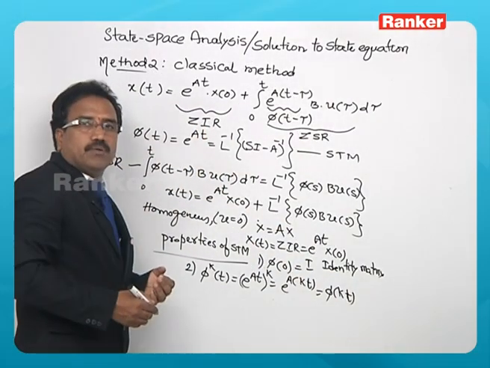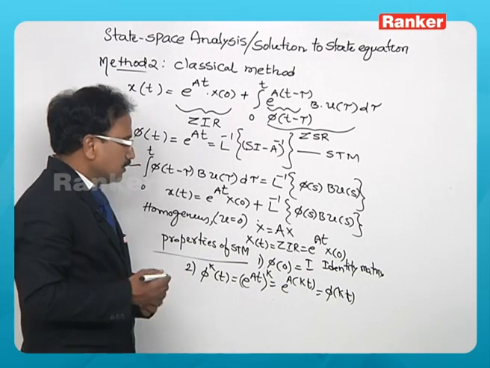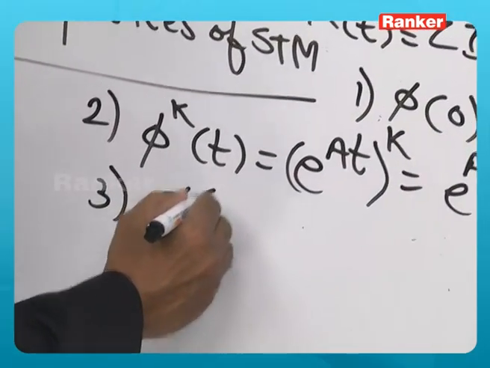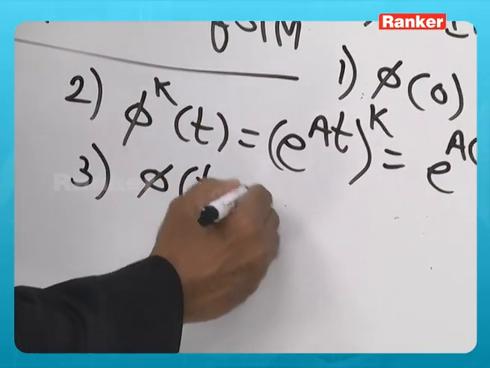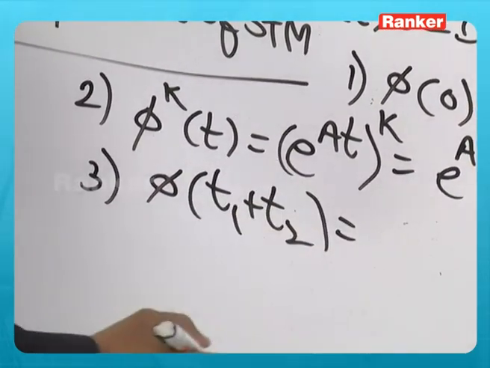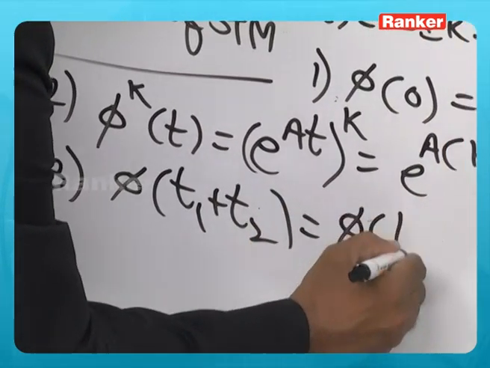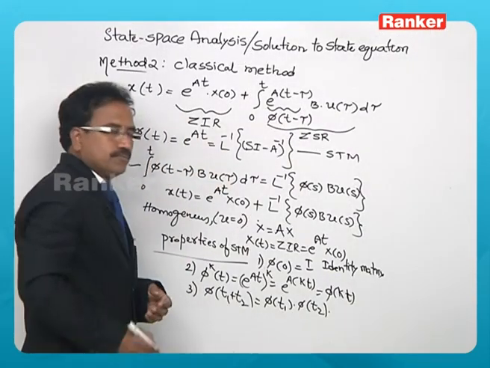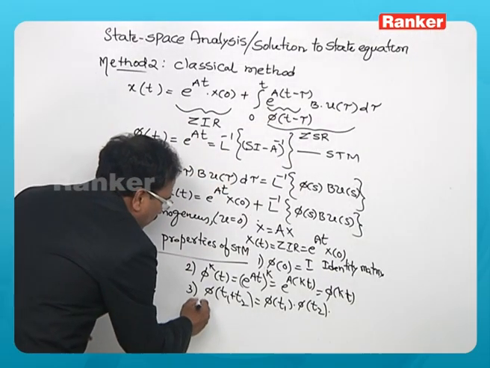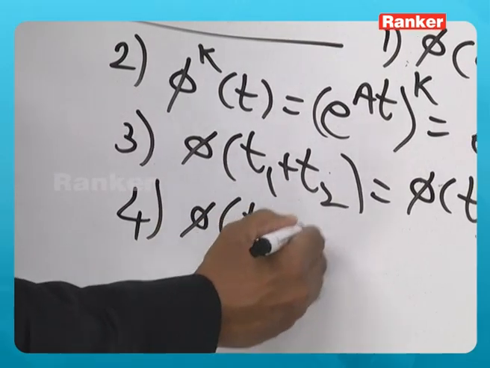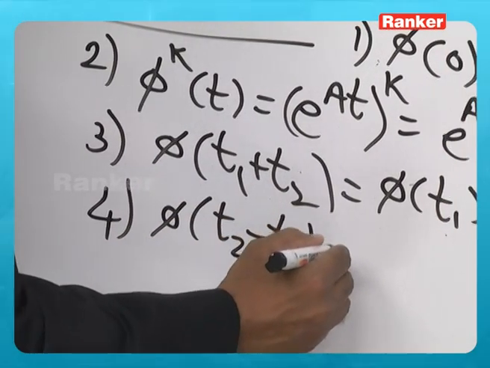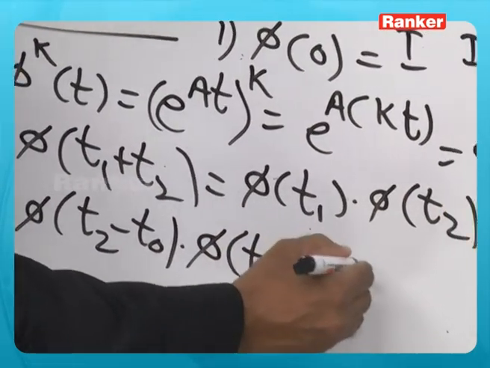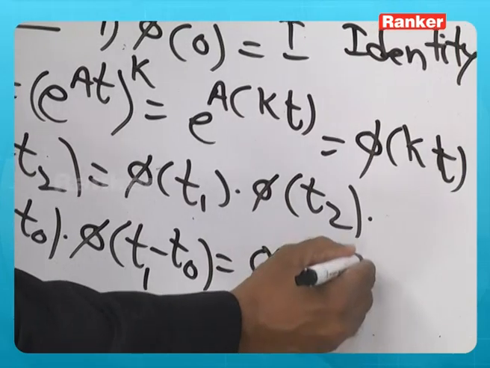The third property, phi of t1 plus t2 is equal to phi of t1 into phi of t2, and the fourth property, phi of t2 minus t0 into phi of t1 minus t0 is equal to phi of t2 minus t1.